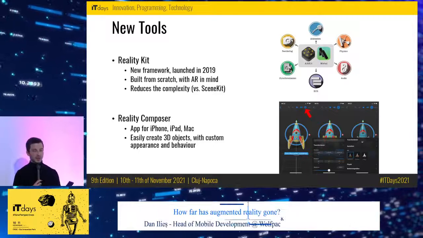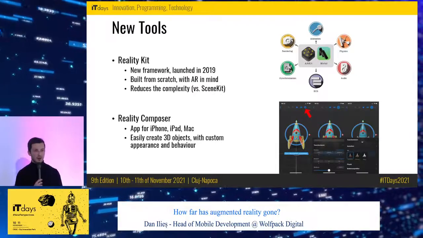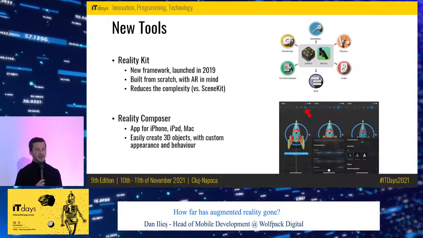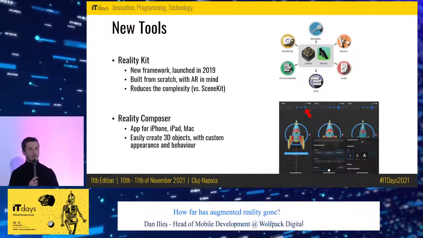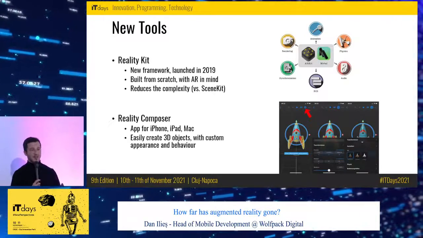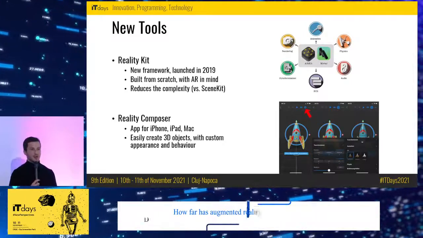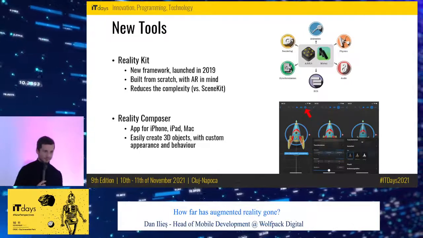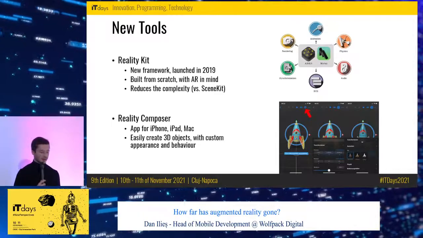But now RealityKit is specially created for augmented reality, and it reduces the complexity of the implementation, so you can implement things easier on the AR side with this. As I said in the beginning, you need to test it on iPhone XS or above, on 11, on 12, and so on. So this was introduced in 2019, and it makes development easier.